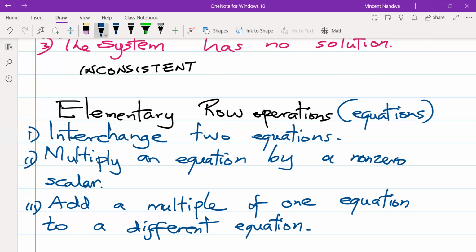So those are what we call the elementary operations with respect to equations. But you can also state the same operations with respect to a matrix.